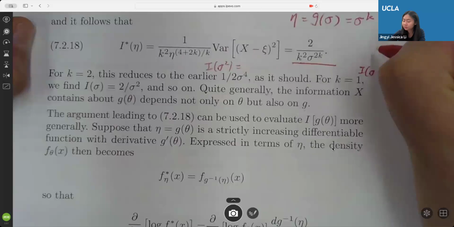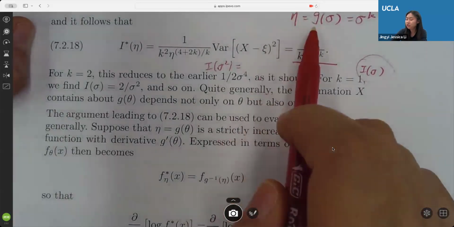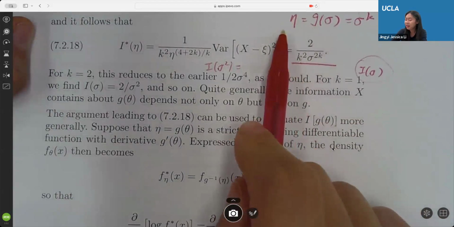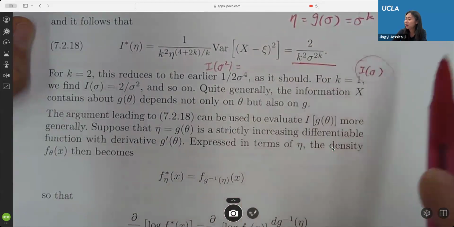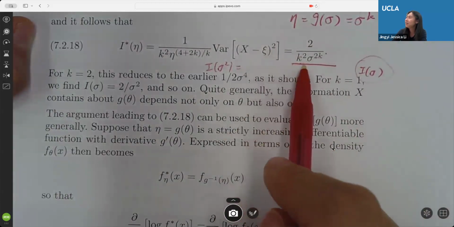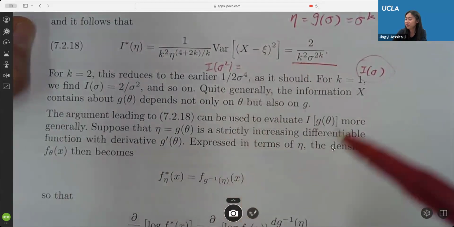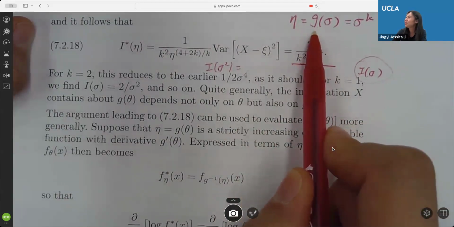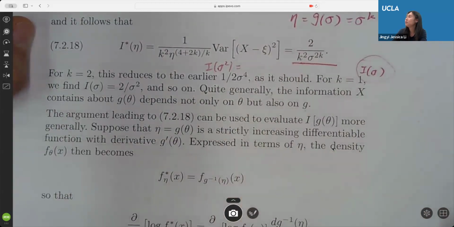If your g did not matter, then I(eta) should be equal to I(sigma) and should not involve k. But it's not the case. k is indeed involved, meaning that Fisher information does depend on g, not just the parameter of interest. And is that counterintuitive? You transform your parameter by function g, then the Fisher information is transformed, it's changed.